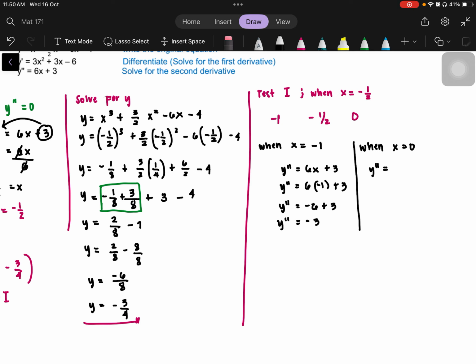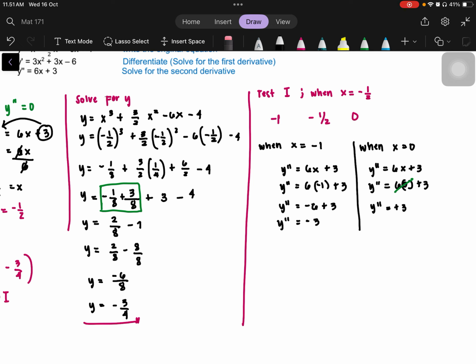And when x is equal to 0, y double prime is equal to 6x plus 3. Y double prime is equal to 6 times 0 plus 3. Then, cancel lang naman din to, diba? So, therefore, y double prime is positive 3.